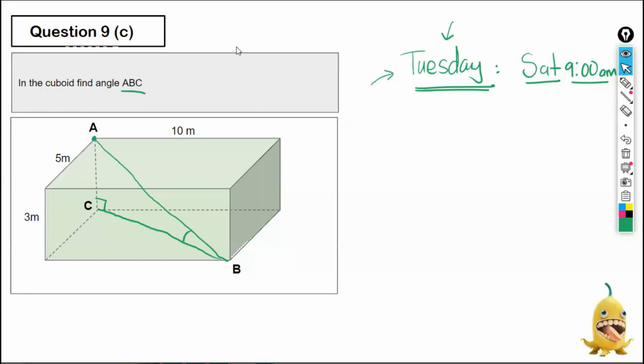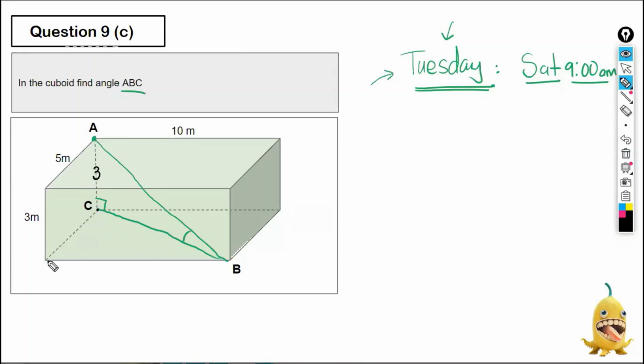You ever notice that you have the lengths of some parts, right? Like from A to C, everybody agree that's 3? Because if this side is 3, then this dashed line, which is on the opposite side of the box, is also 3. But we don't have the length of CB.